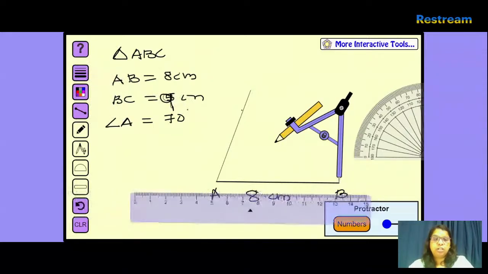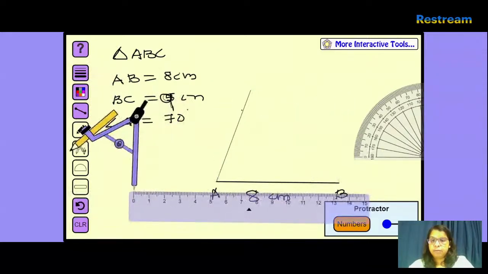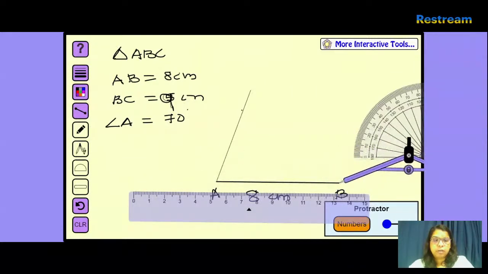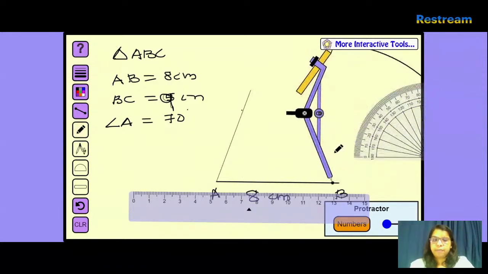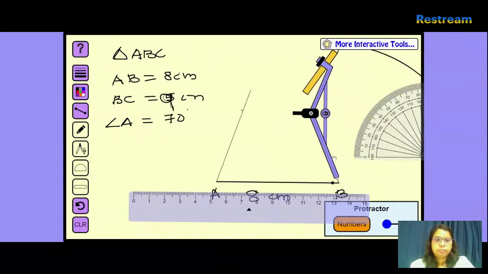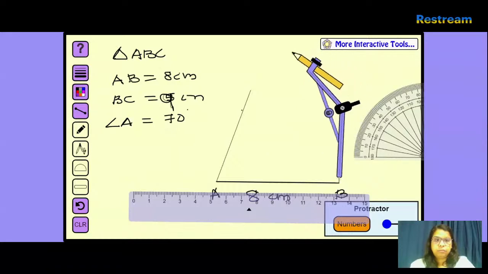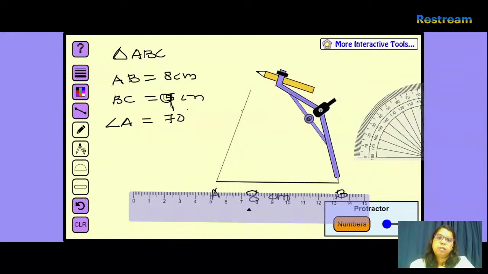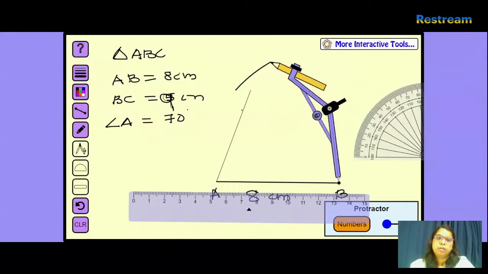So again, I will change this one. Okay, and take line as 9 centimeters and lock it. Now take your B like this. So it is going to be crossing somewhere here.